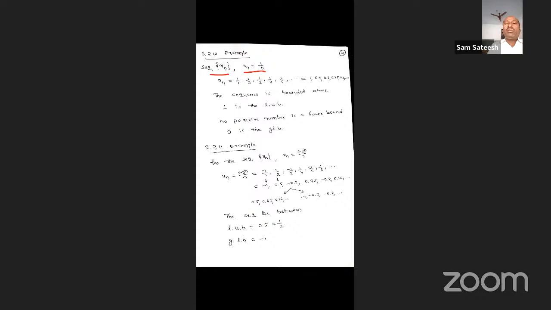We are substituting the numbers: xn is equal to 1 by 1, 1 by 2, and so on. That gives 1, 0.5, 0.33, 0.25, 0.2 and so on, down to 0.00001. Here 1 is the upper bound.